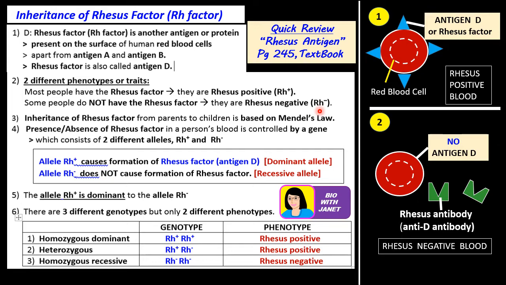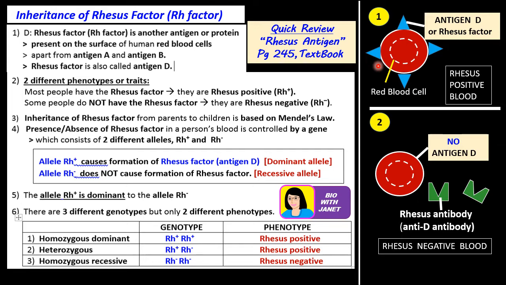If the blood of a person is rhesus negative, he cannot receive a transfusion of rhesus positive blood from someone, because that's when it becomes an antigen. The rhesus factor will become an antigen to the person who receives the rhesus positive blood, if the person is rhesus negative. So to the rhesus negative person, this Rh factor or rhesus factor or antigen D is a foreign substance that flows into his body through the blood transfusion.